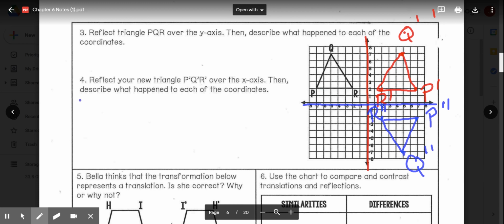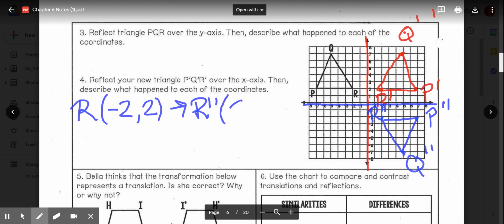Like, for example, if we compare point R at the point -2, 2 to its second image, R double prime, which is at the point 2, -2, we could see that both the x and the y coordinates changed in sign, which makes sense.